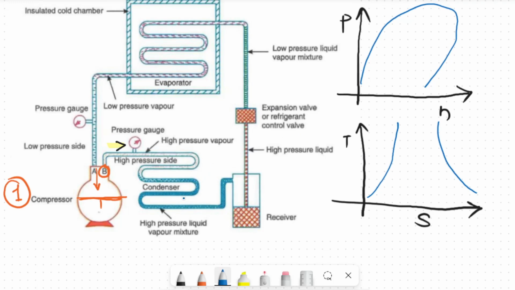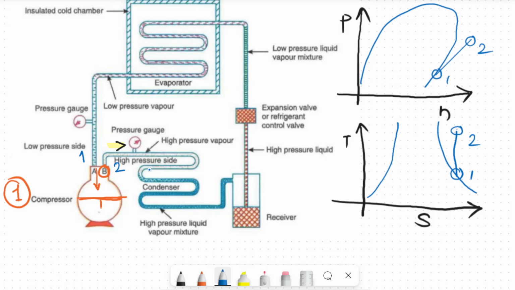So we can say the process is 1 to 2, and so it can be shown on TS diagram by a vertical line. Here I am assuming that the vapor which is entering into the compressor, it is dry saturated. So process 1 to 2. On pH diagram, it may be like this. 1 to 2. So this is 1 and this is 2.